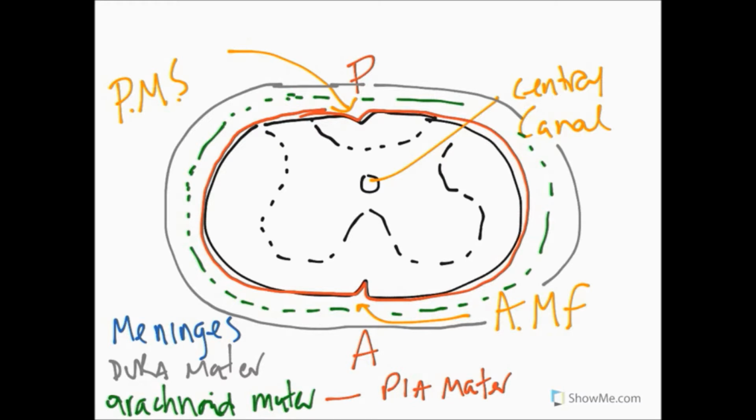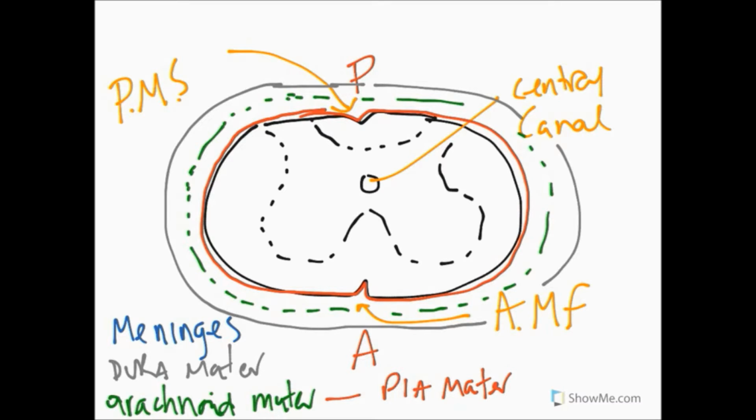The next layer in is the arachnoid mater, which is in green in this particular diagram, and it's quite a delicate thin membrane, and it is generally separated from the pia mater by the subarachnoid space, and the arachnoid mater ends at the level of vertebra about S2.